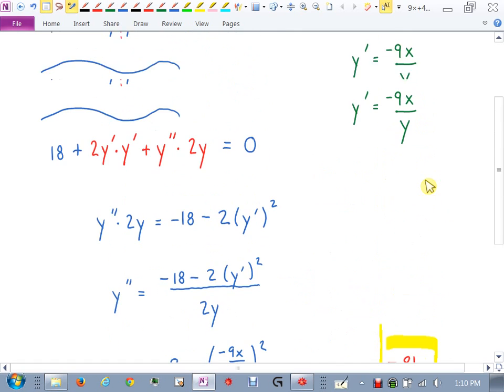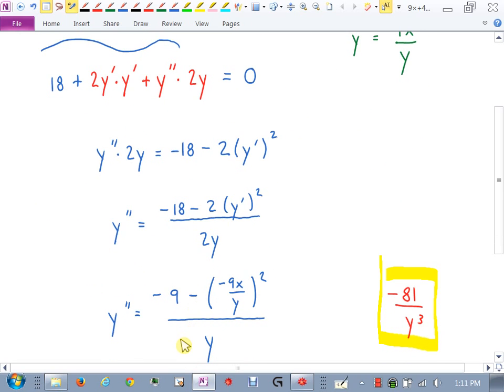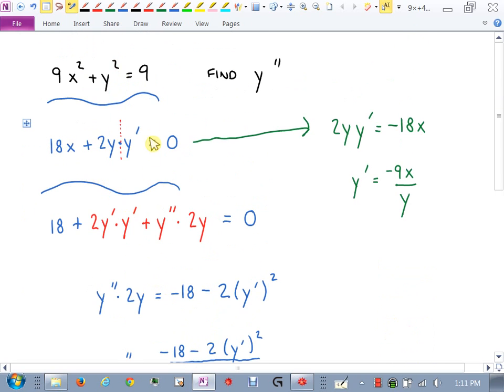Okay. Now, remember I said I would show you both ways? I did implicit once, implicit twice, and then I had to simplify, and it was kind of a mess. If instead I would have gone straight from here to here and solved for y prime, I could have done my derivative here instead. Do y'all want to see that? I mean, it's a little cleaner. What's the derivative of the left side of this? Y double prime.